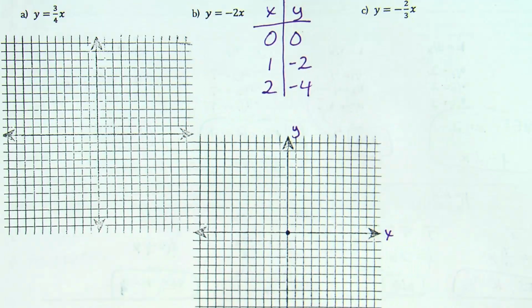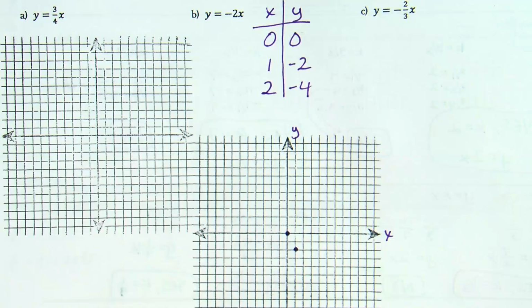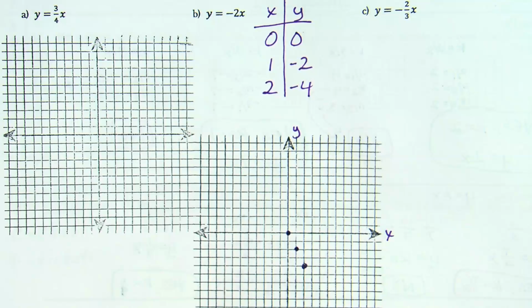Second number tells you up or down. So right 1, down 2. How do I graph 2, -4? What are we going to do, Mac? Okay, right 2. This time we go down 4. Okay, they form a line, yes? Connect them.